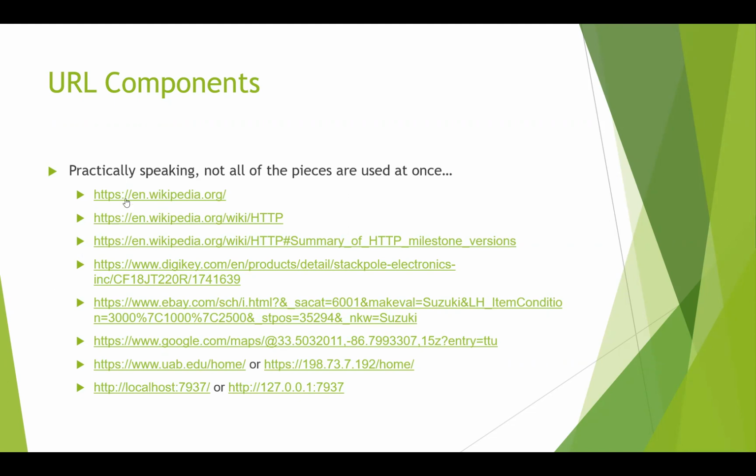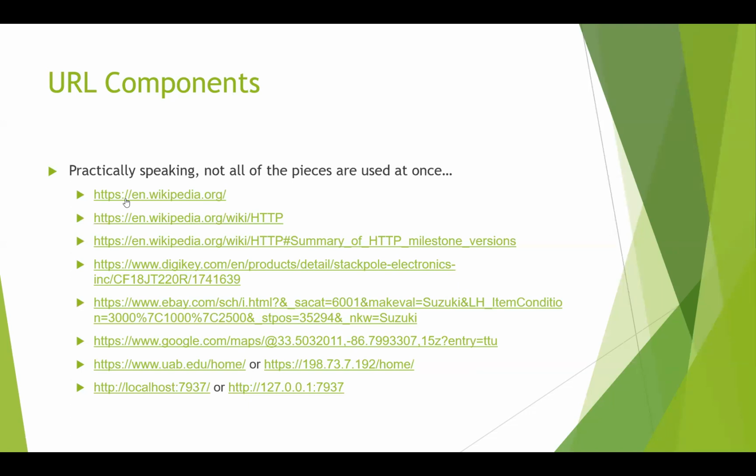You'll notice with the Wikipedia article, it's a little bit simpler. We just go to the landing page of en.wikipedia.org, and I provided you with a couple of links here. The second one is the link to the HTTP protocol. The third one shows you how you can use that fragment.